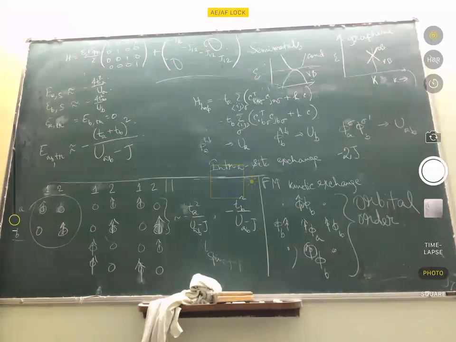That is again a consequence of electron-electron interaction, and of course the Pauli exclusion principle. Along with that, out comes a ferromagnetic kinetic exchange. And there are transition metal compounds which show such orbital order.